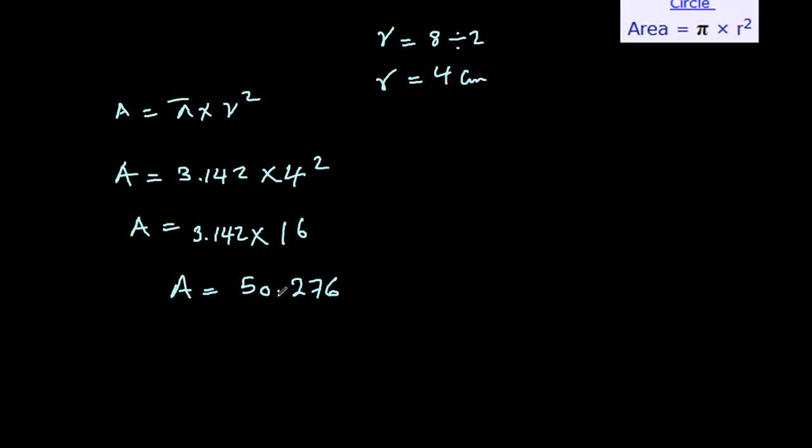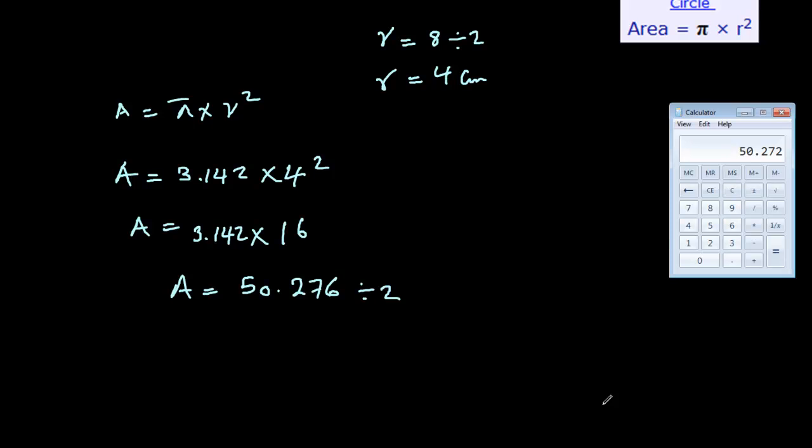Now that's the area of a full circle, because we just used the area formula for a circle. To find the area of a semicircle, we need to divide this answer by 2. So don't round this answer yet. Get your full answer, then divide it, and then round it. Divided by 2 gives me 25.136.